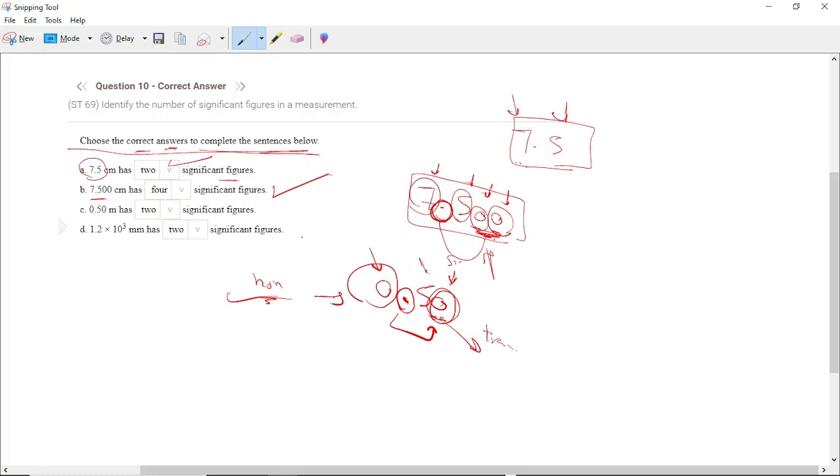So I have 1, 2 significant numbers. Next, 1.2 multiplied by 10 to the power of 3. Here we check the number; we don't need to include the power of ten. This is 1.2: one significant digit, and the other significant digit. So I have two significant digits.